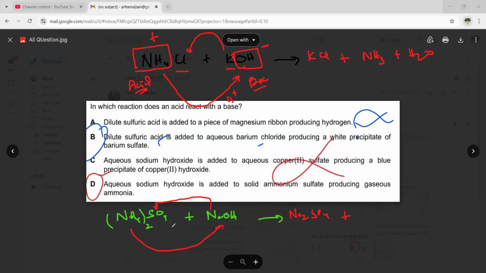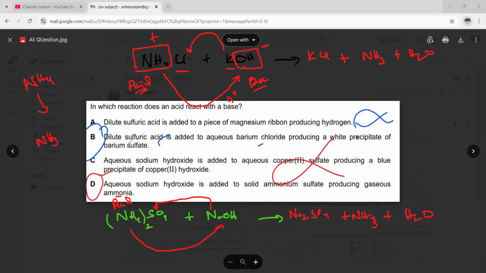When it donates the proton, the ammonium ion is acting like an acid, and it becomes ammonia: it was NH4, but because it has donated a proton, it becomes NH3. The hydroxide ion takes the proton, so OH plus H produces H2O. That's why option D is an acid-base reaction. Even though ammonium sulfate is a salt, the ammonium ion in it acts like an acid because it has a tendency to donate protons.